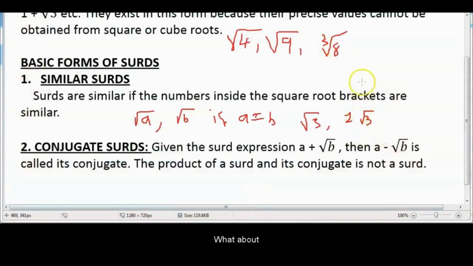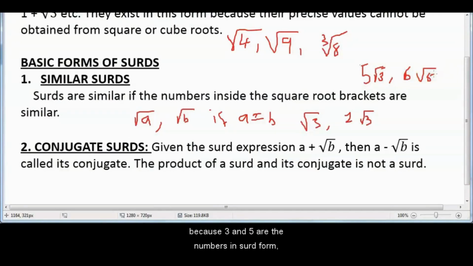What about 5 root 3 and 6 root 5? These are not similar because 3 and 5 are the numbers in surd form and they are not identical.